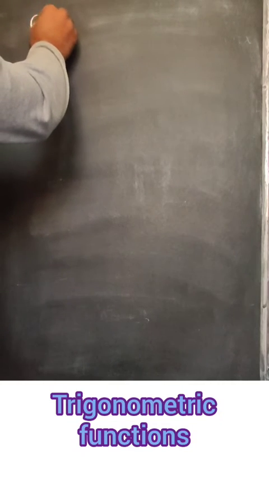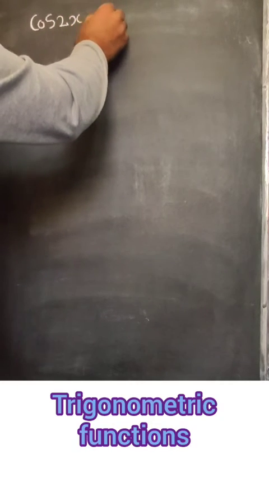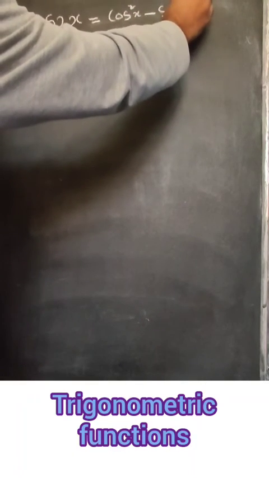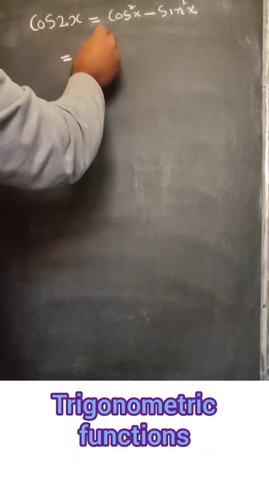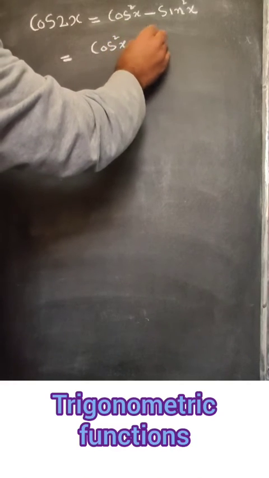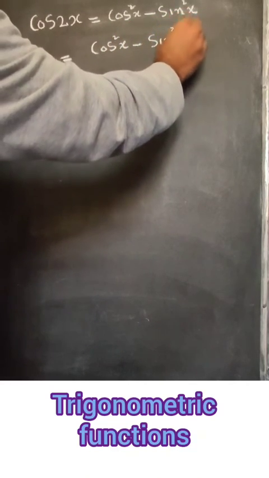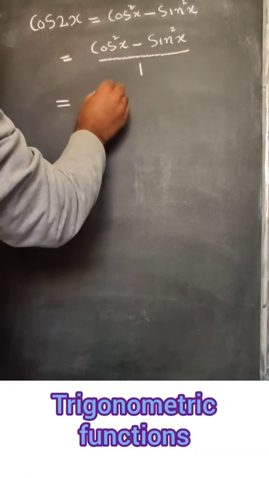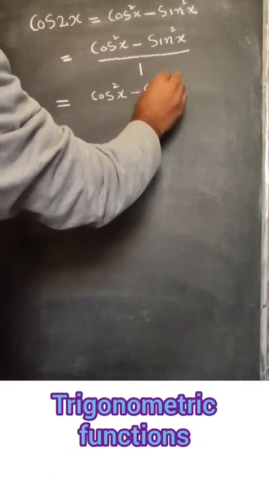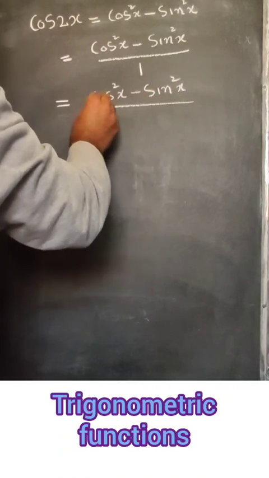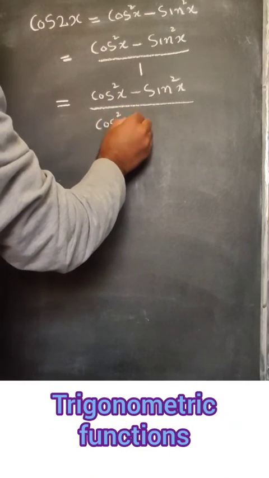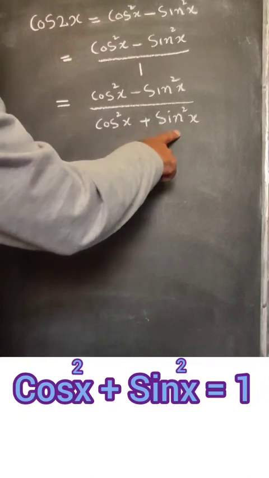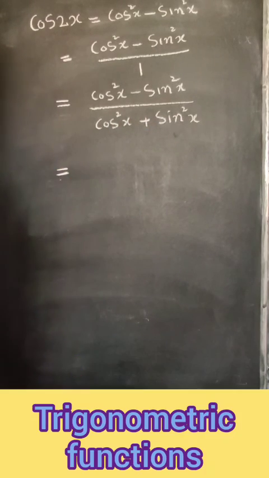We know that cos of 2x is equal to cos square x minus sin square x, or we can write cos square x minus sin square x divided by 1, or it is cos square x minus sin square x divided by cos square x plus sin square x, because we know that cos square x plus sin square x is equal to 1.